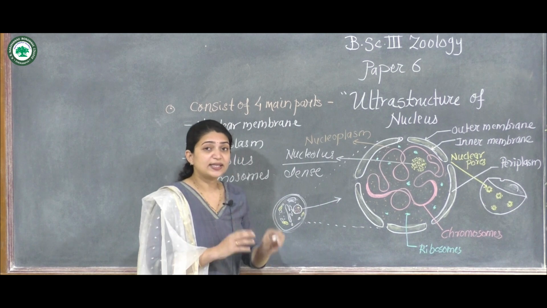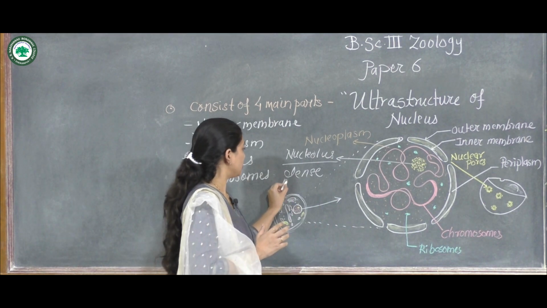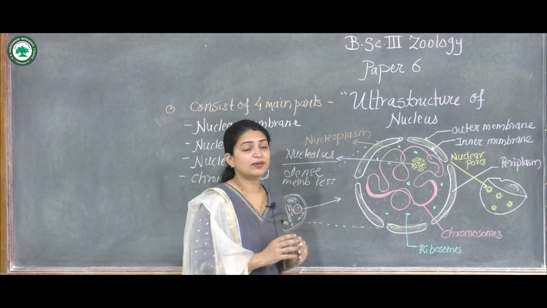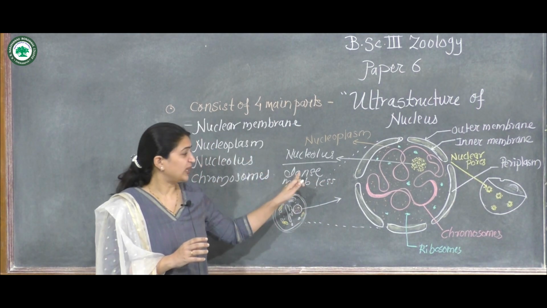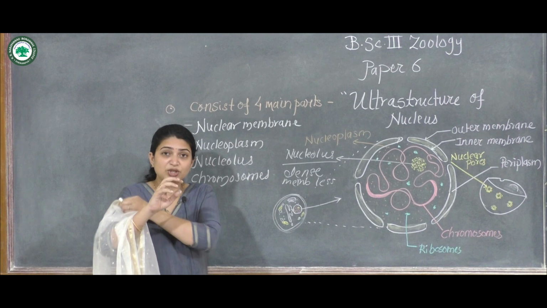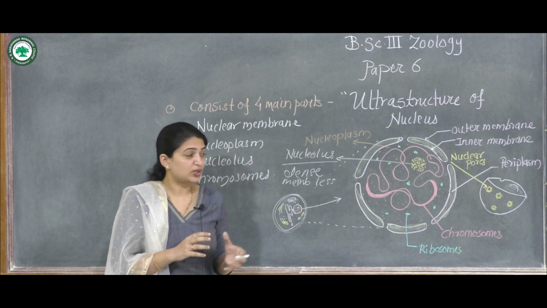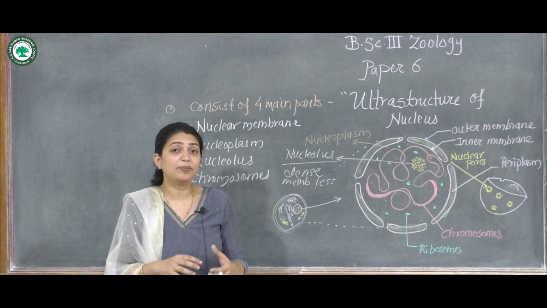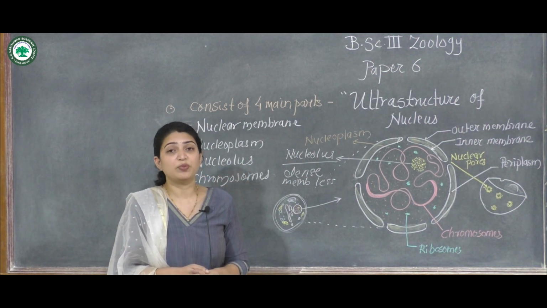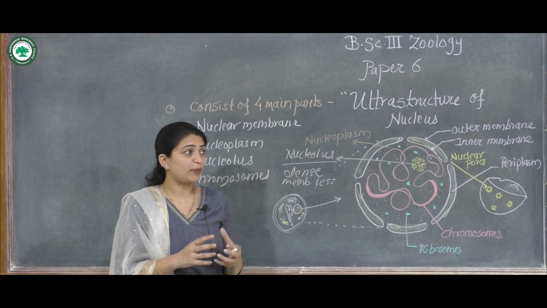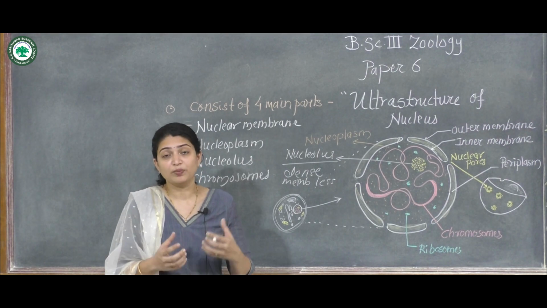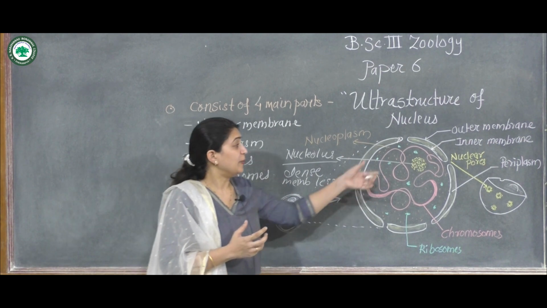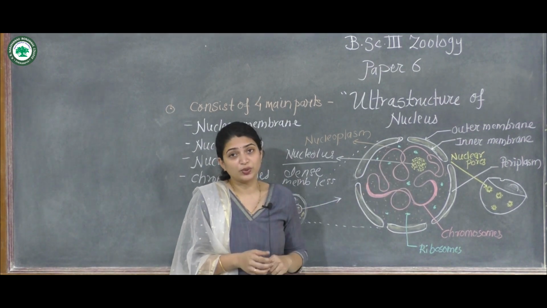It doesn't contain any kind of membrane, so it is a membrane-less body. It functions as the production center of ribosomes. Whatever ribosomes are required by the cell for protein synthesis are made or produced in this nucleolus.